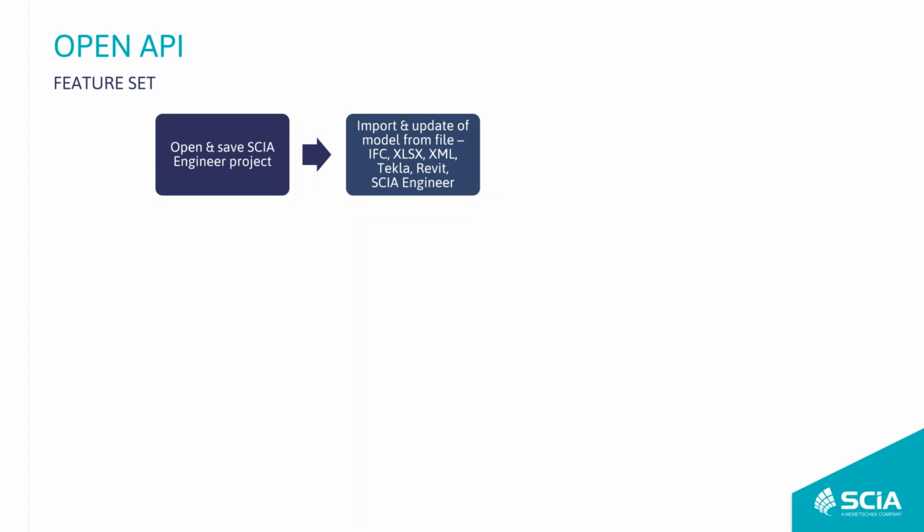We are also able to update from a SCIA Engineer project. And what's also mentioned here is the XLSX format, that's a possibility to update the model from a Frilo exported file, or, as we are also calling it, from an Excel file, which is based on a structural analysis format.